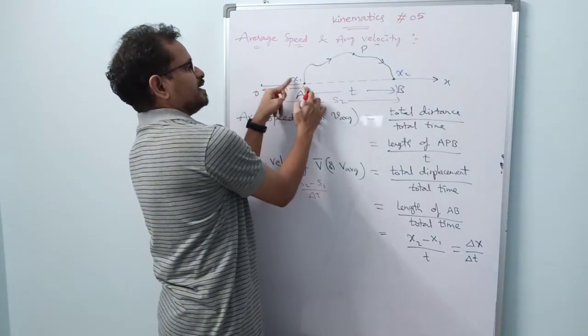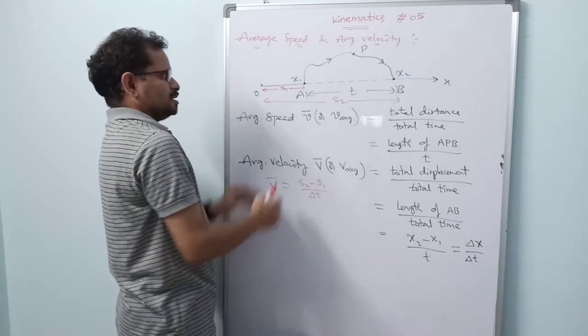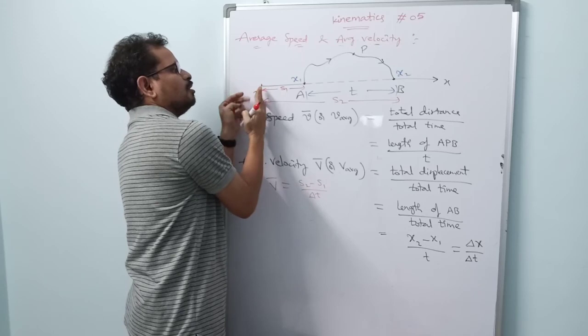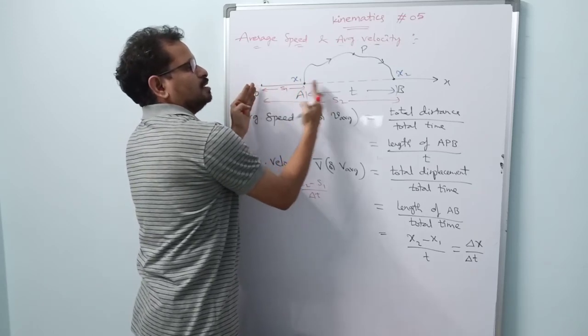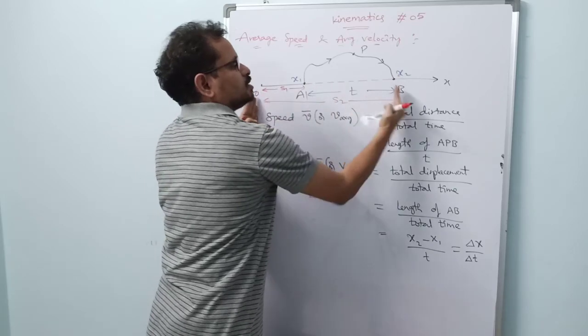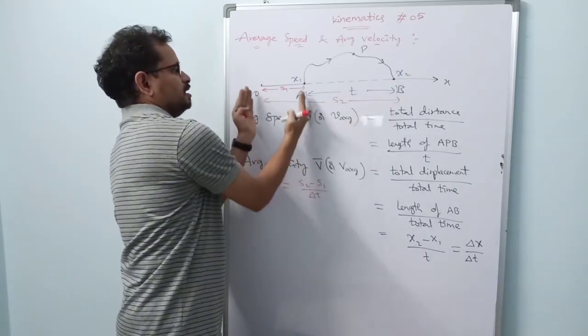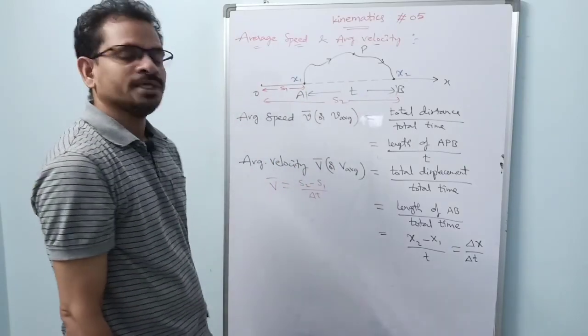The position of this one is X1, the position of this one is X2. S1 means they are taking it in terms of displacement. Initially the object has made a displacement from O to here, that is displacement S1. Here displacement S2. So final displacement minus initial displacement, S2 minus S1, by total time delta T. So no need to worry.